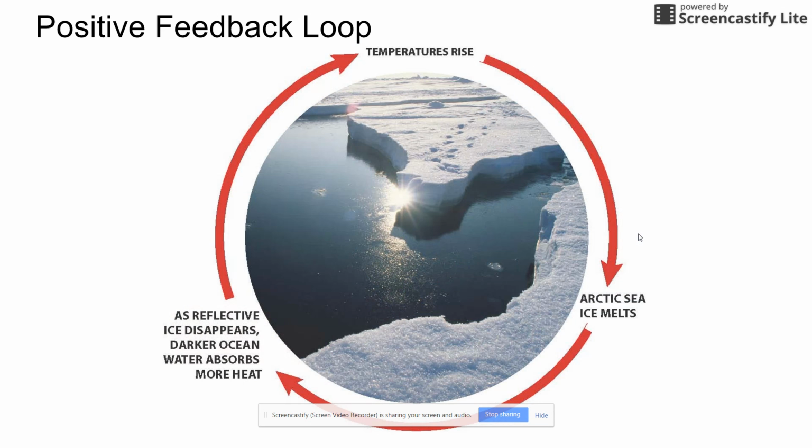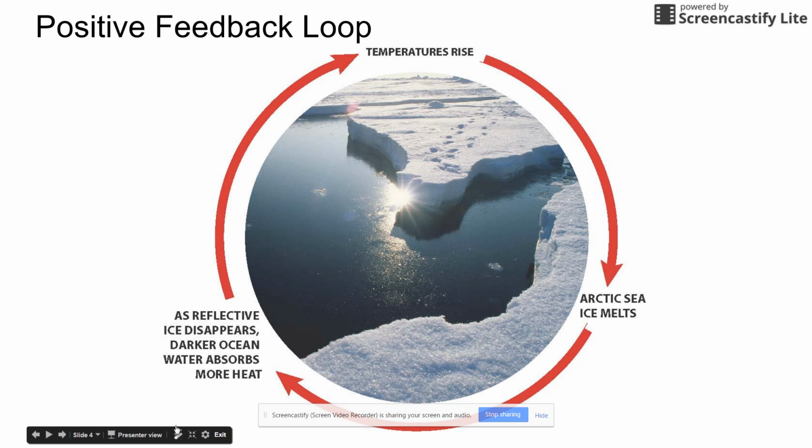Another example of a positive feedback loop is the temperature rise, which melts Arctic sea ice. So the polar ice caps are melting. That ice reflects a lot of the energy that comes into the atmosphere back into space.